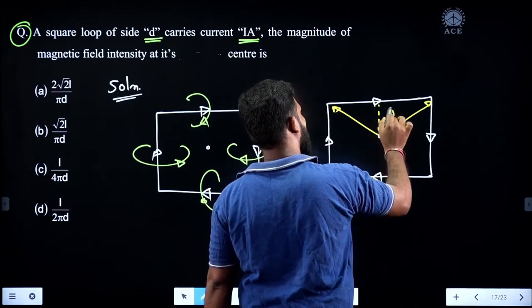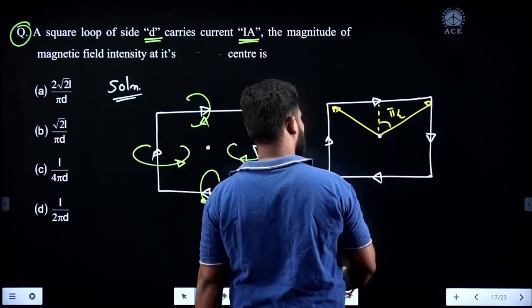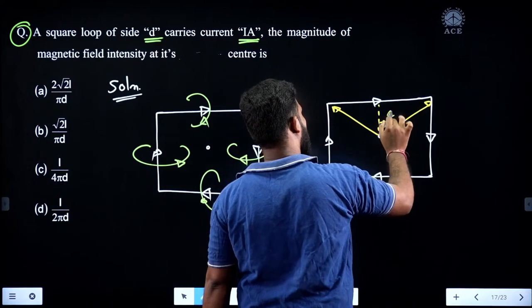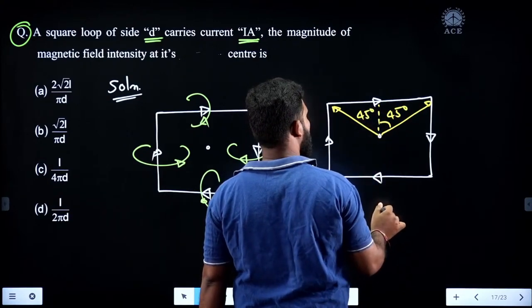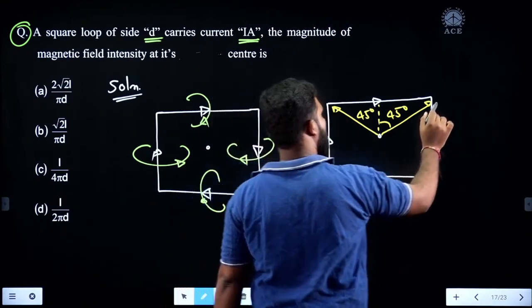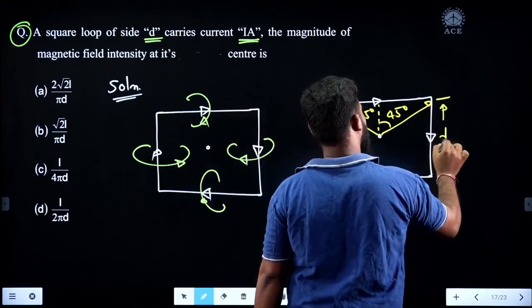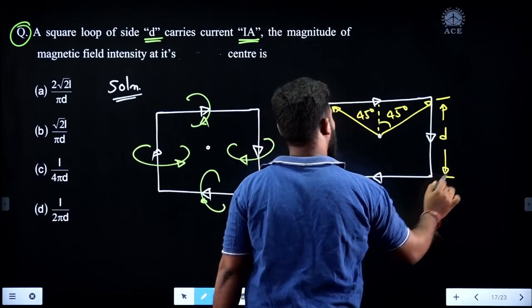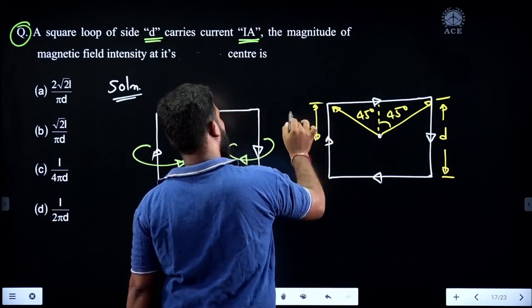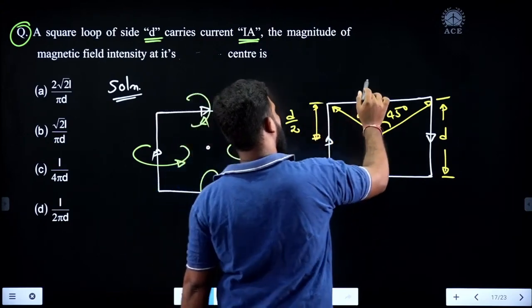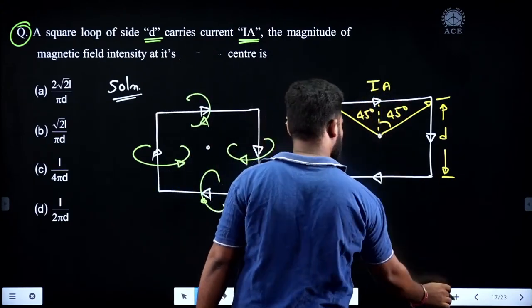This angle is pi by 4, that is 45 degrees. This also is 45 degrees. Clear? What is the overall distance from here to here? The distance is D. And what is the perpendicular distance from here to here? It is D by 2. How much current is flowing? It is I amperes.